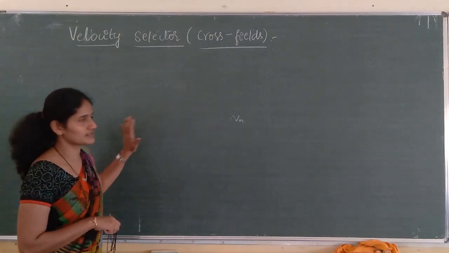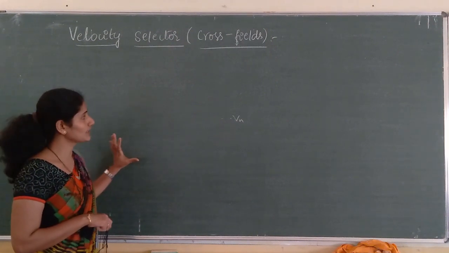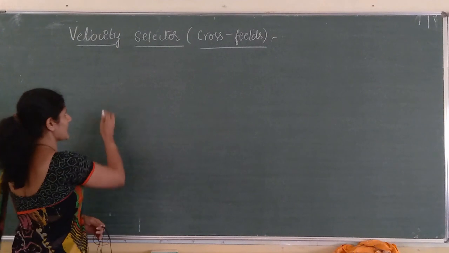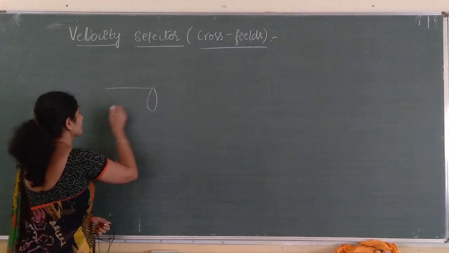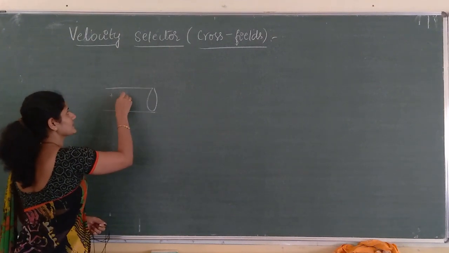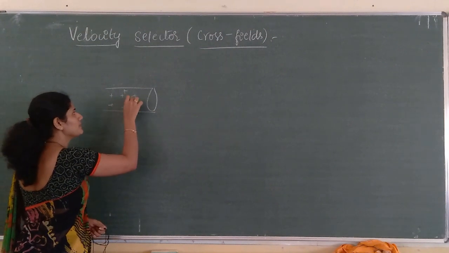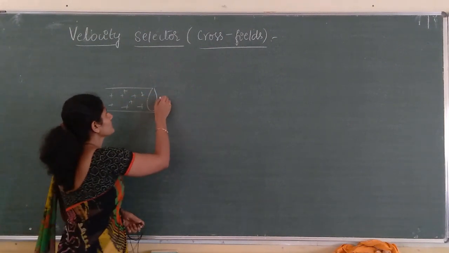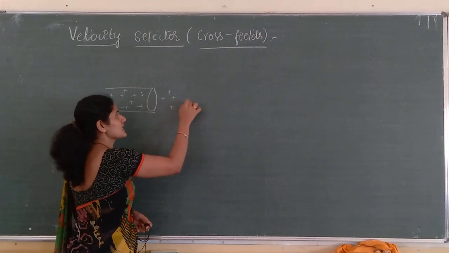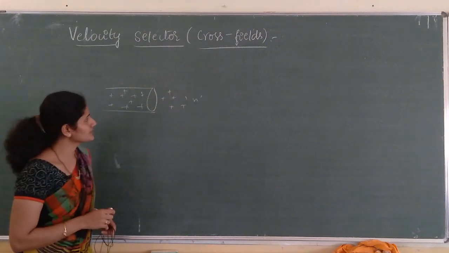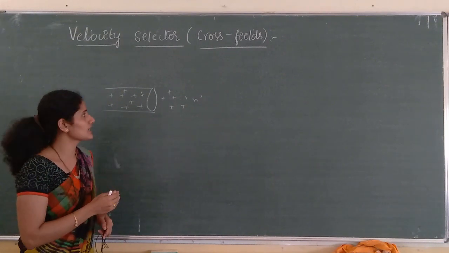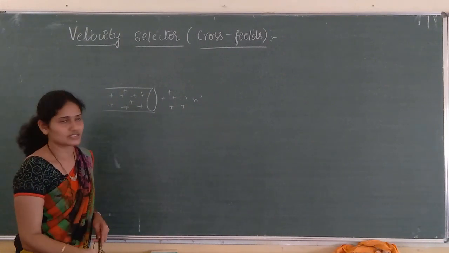To understand this, you have to consider one example. Just imagine that we have a beam of charged particles. So there are n number of charged particles, and different charged particles are traveling with different velocities.